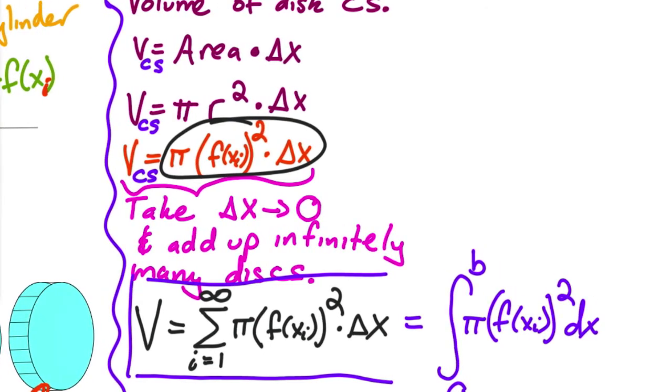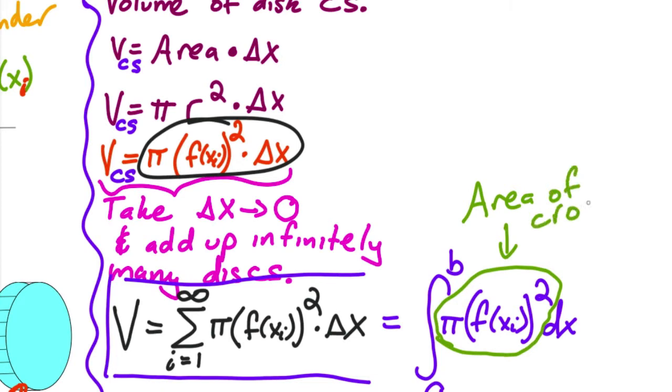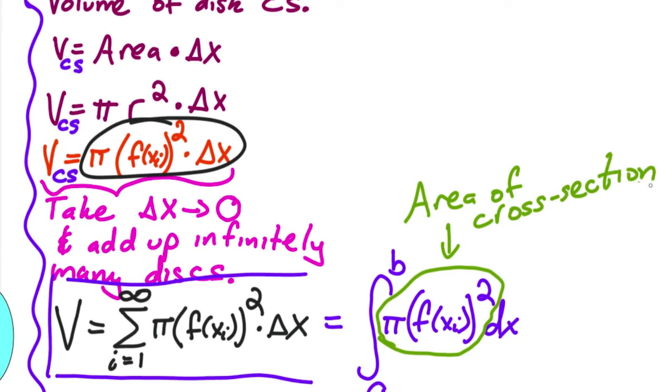And this part right now is really important. This right here represents the area of the cross section. And then this right here, the dx, represents the thickness of the cross section.